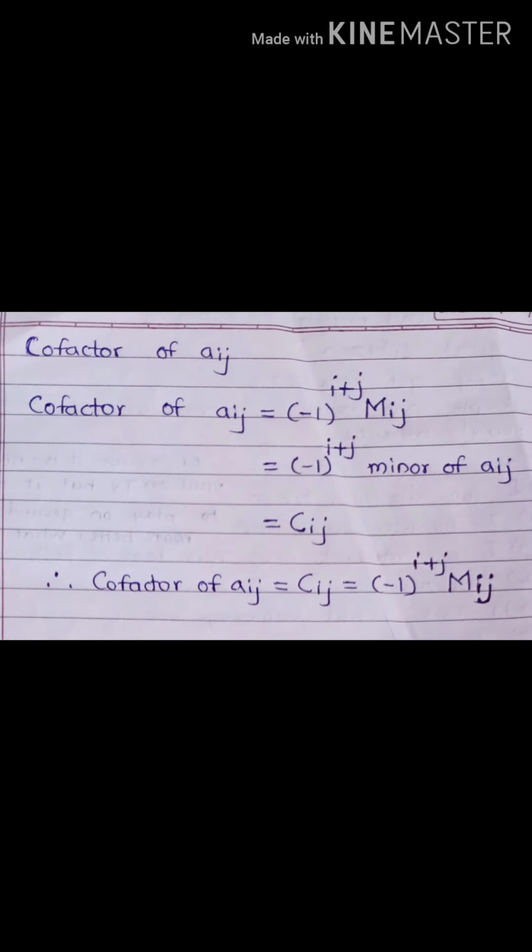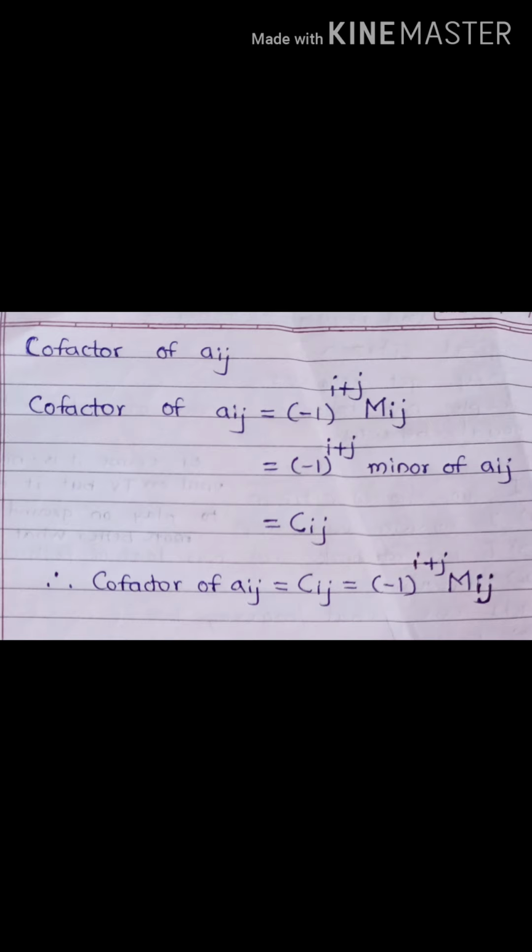The cofactor of Aij is a very easy concept. I and j are numbers, and we can add them. The cofactor of Aij is equal to minus 1 raised to i plus j into Mij.